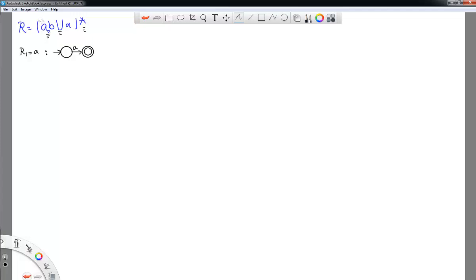So I did that for letter A. And then for letter B, if R sub 2 is equal to letter B, then with the same token I'm going to have a finite automaton, just like this, that recognizes it. Okay, so this is the N sub A, and this is N sub B.